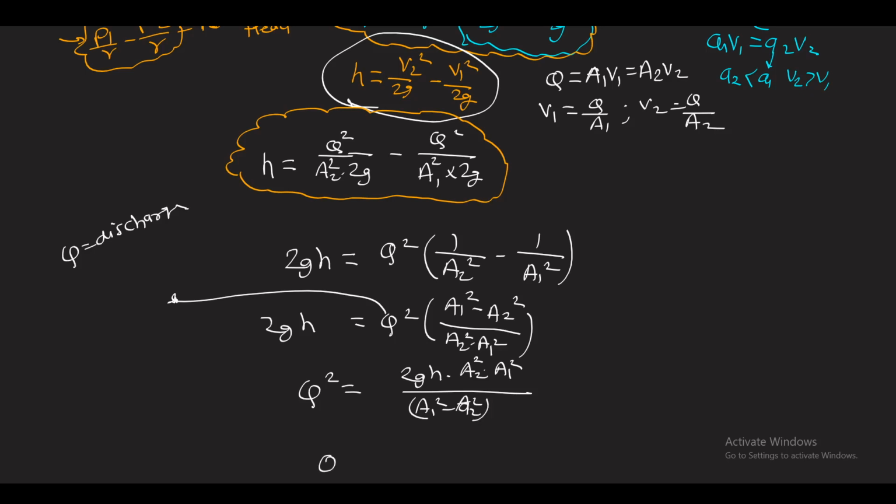So if I have to obtain the Q, I can write that Q is equal to A1 A2 square root of twice GH divided by A1 square minus A2 square, raised to 1 by 2. Okay, so this is the equation.